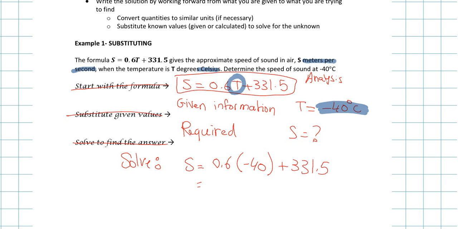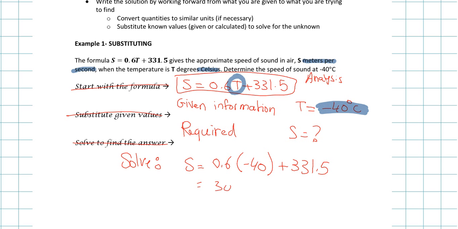So what did you guys get? I got 307.5. Is that what you guys have? 0.6 times negative 40 is negative 24. And then if I add 331.5, it's going to be 307.5.